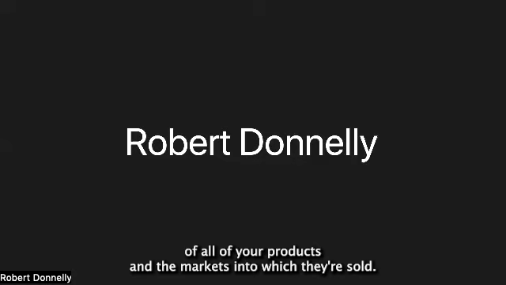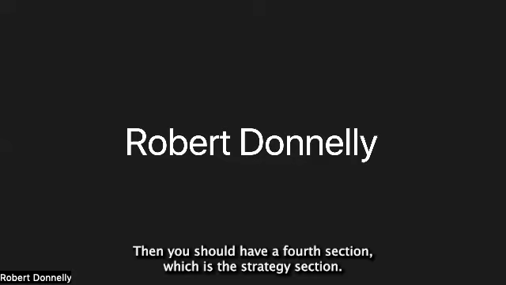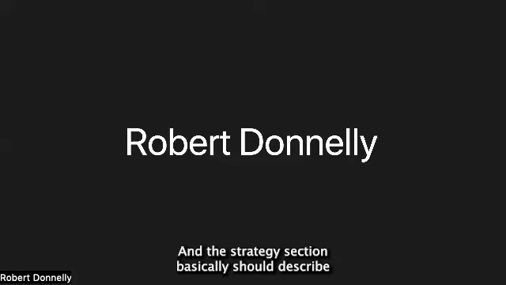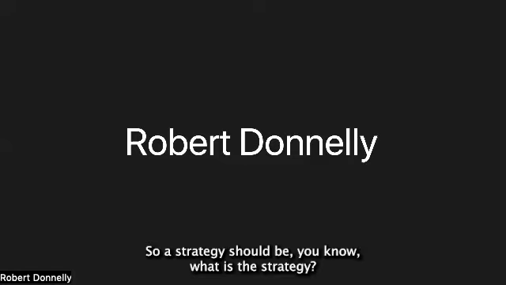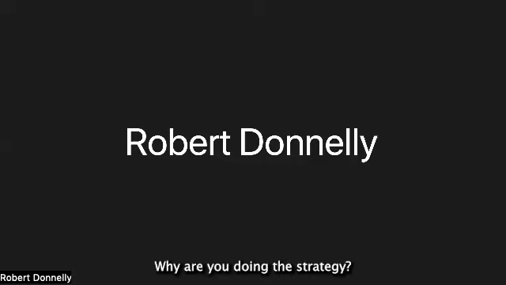Then you should have a fourth section, which is the strategy section. And the strategy section basically should describe whatever strategies you have to make sure that your plan will be a success. So a strategy should be, what is the strategy? Why are you doing the strategy?